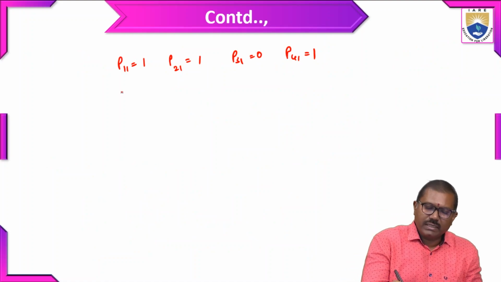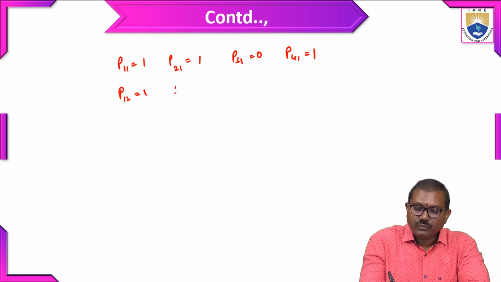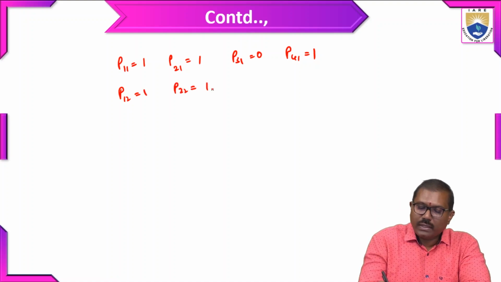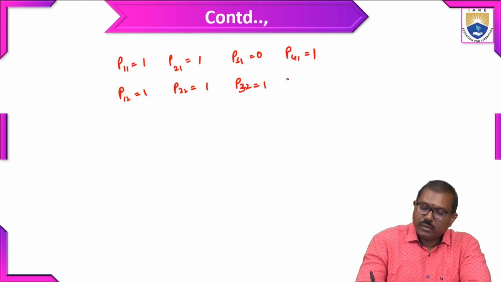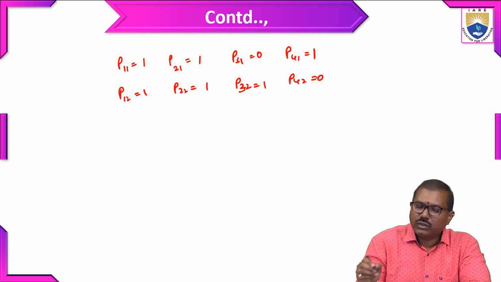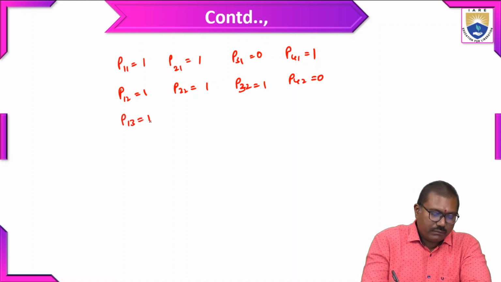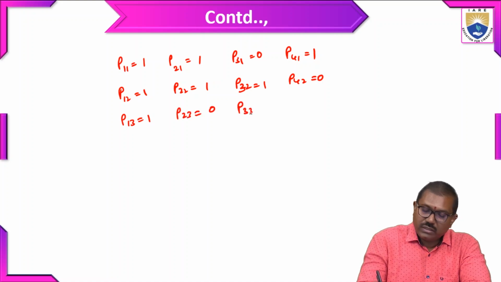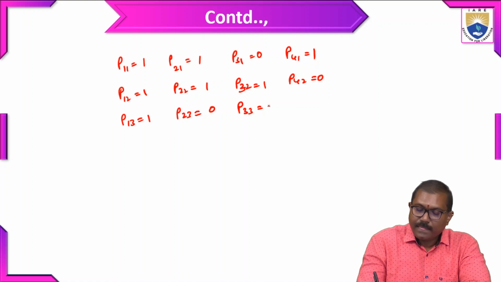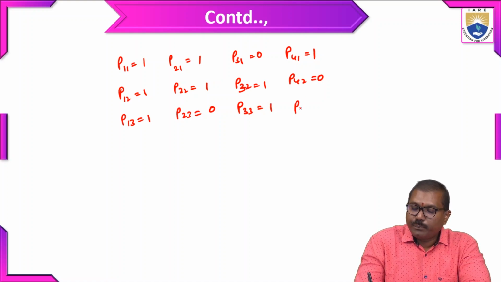Okay, similarly, this P12 is 1, P22 is 1, P32 is 1, P42 is 0. So again, P13 is 1, P23 is 0, P33 is 1, and P43 is 1.